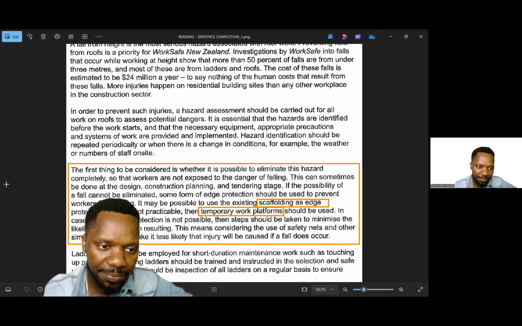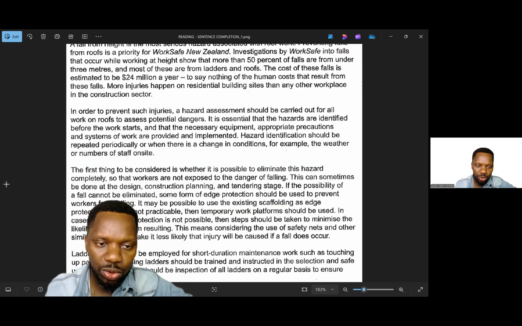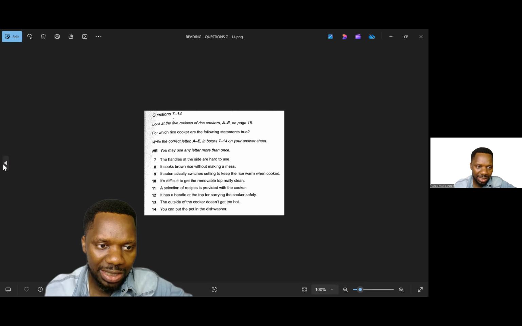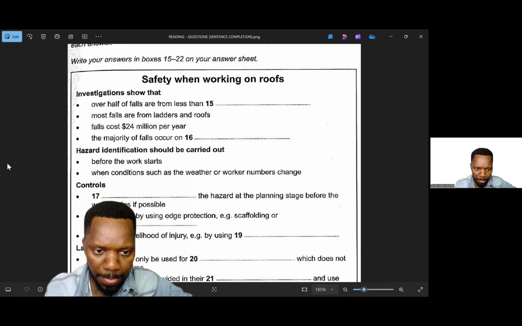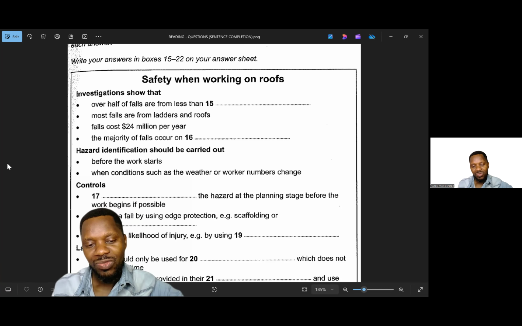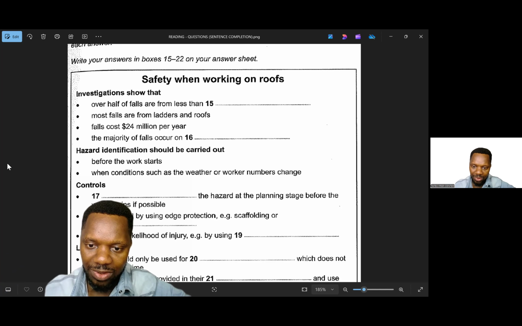Sentence completion is one of the easiest topics in the reading test, so be sure to get your answers all correct. Look at it here. Prevent a fall by using edge protection, such as scaffolding. Remember, the passage says scaffolding as edge, or the temporary work platforms, right?